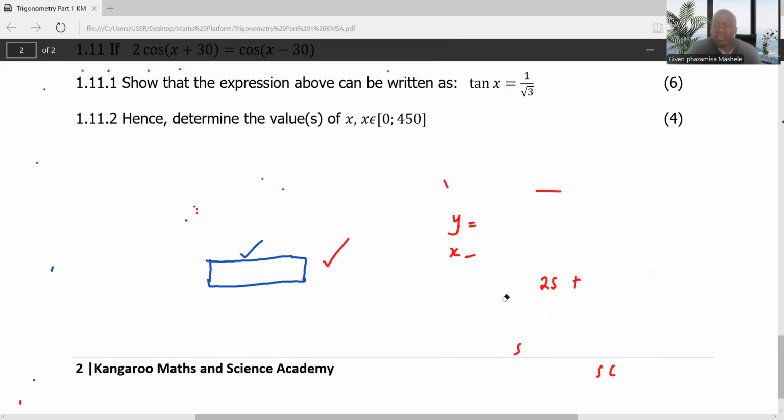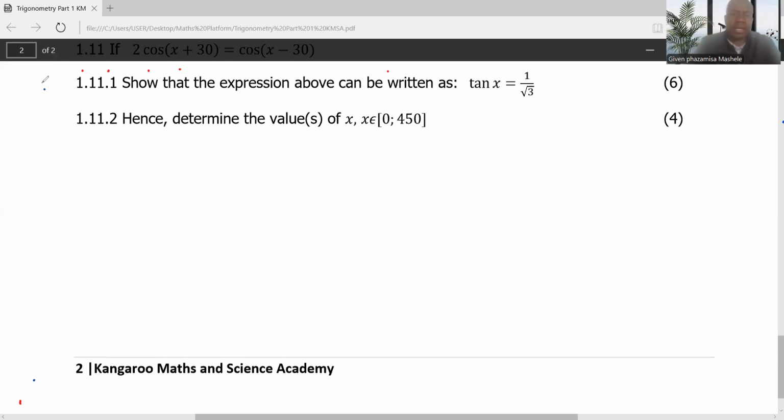So let us now solve the equation. I'm going to write down: sine 2 beta is equal to 3/5.